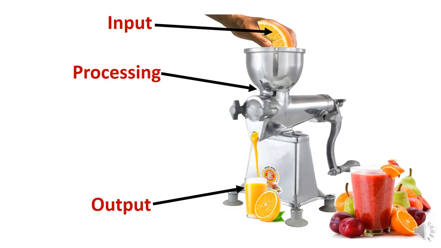So when you are providing data to the computer, you have to provide it in an organized manner. When you provide right data to the computer, you are going to get the right output. Okay, now let us move to the next slide.